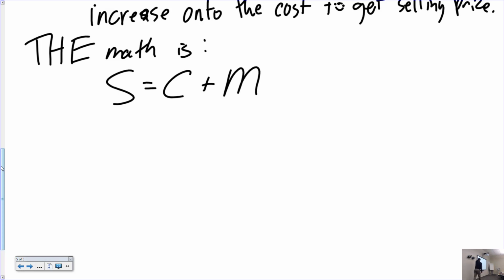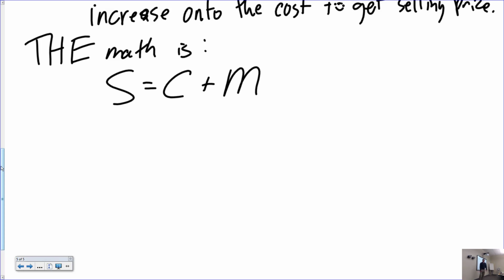Anyways, okay. Now, what's missing in this equation, folks, that we have been working with for the past 4 to 6 weeks? Percentages, right? Because everything that we're doing for the rest of this class is all percentages. Are there any percentages in there yet? No. So guess what I'm going to do to define the markup?